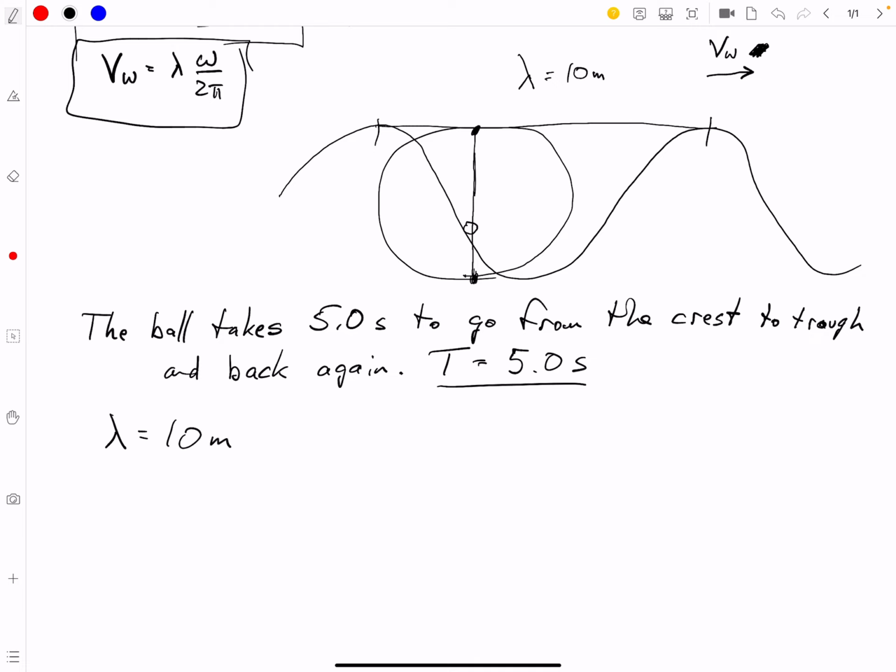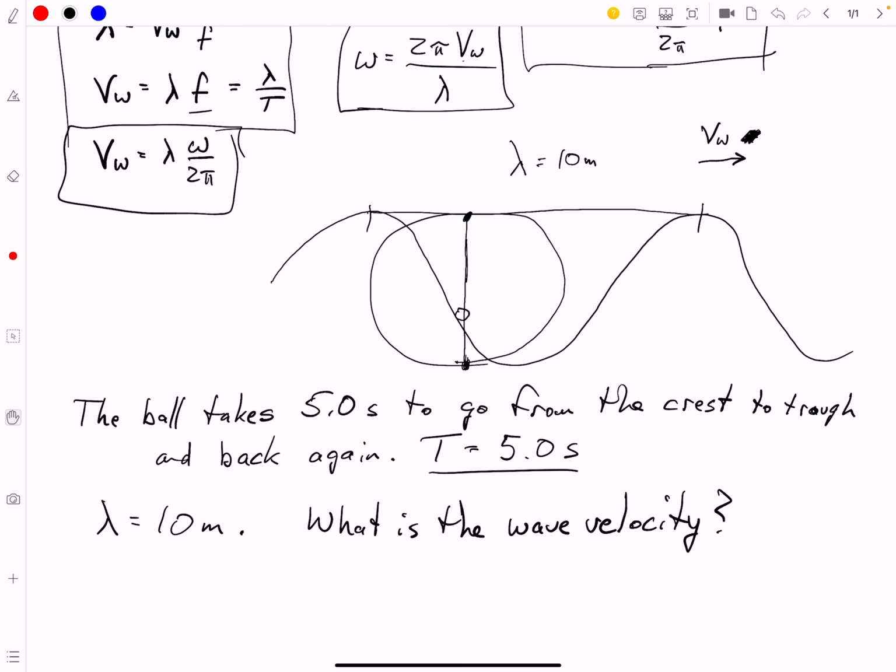Okay. The question is, what is the wave velocity? What is that wave velocity? Good question. So I'm going to back down a little bit here.